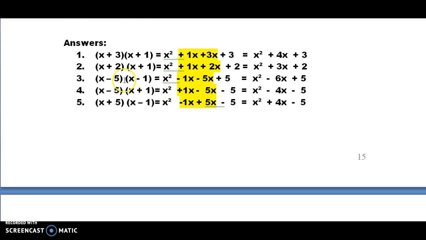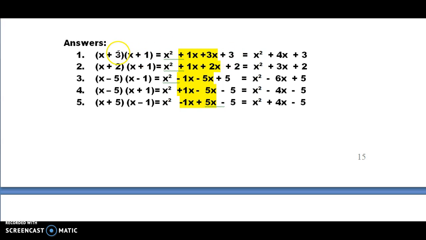So the answers to these problems are x plus 3 times x plus 1. We have 2 terms times 2 terms, so we can use the FOIL method. The first term times the first term is x squared. The outer 2 terms are the 2 that are the farthest apart, so we have 1x. The 2 terms that are the closest together are this 3 and x, so that's a positive 3x.